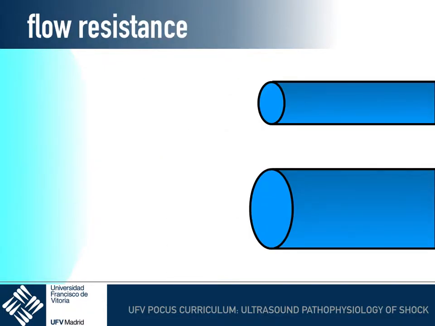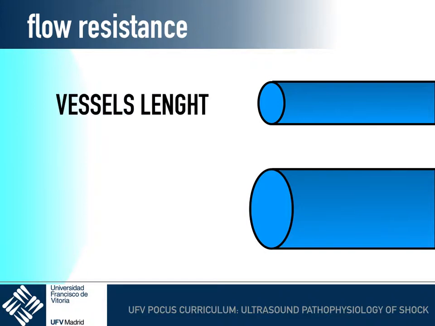The second is the flow resistance. There are two different vessels here, actually pipes. So there are two physical concepts related to the flow resistance. One is the vessel's length.